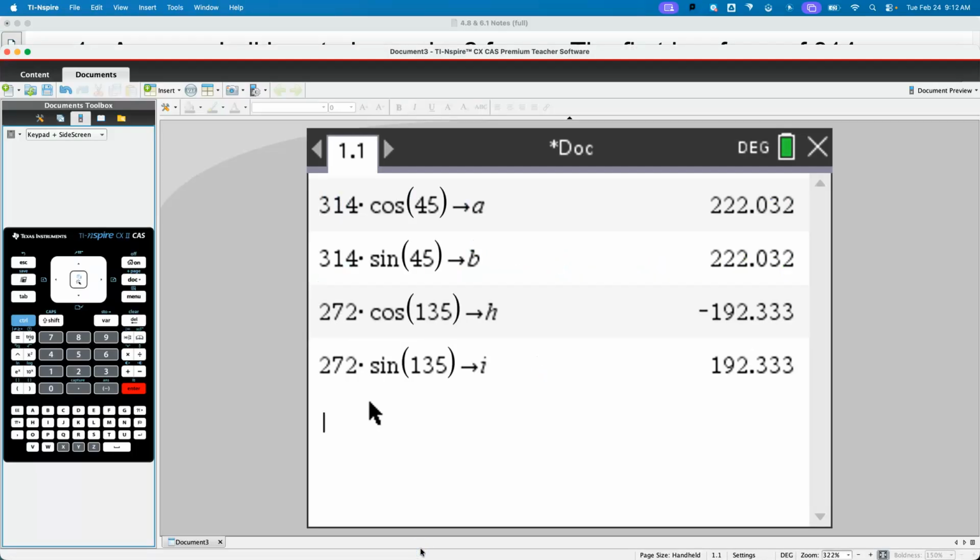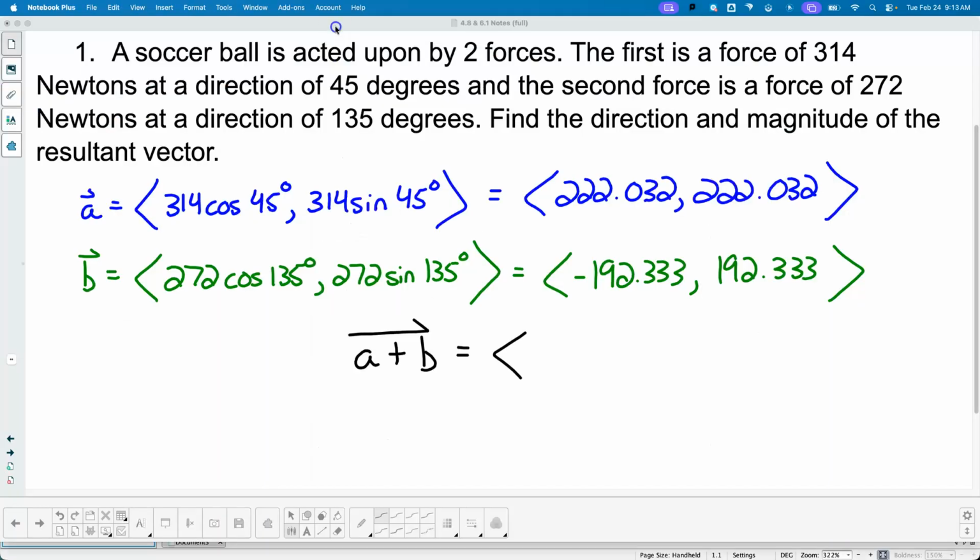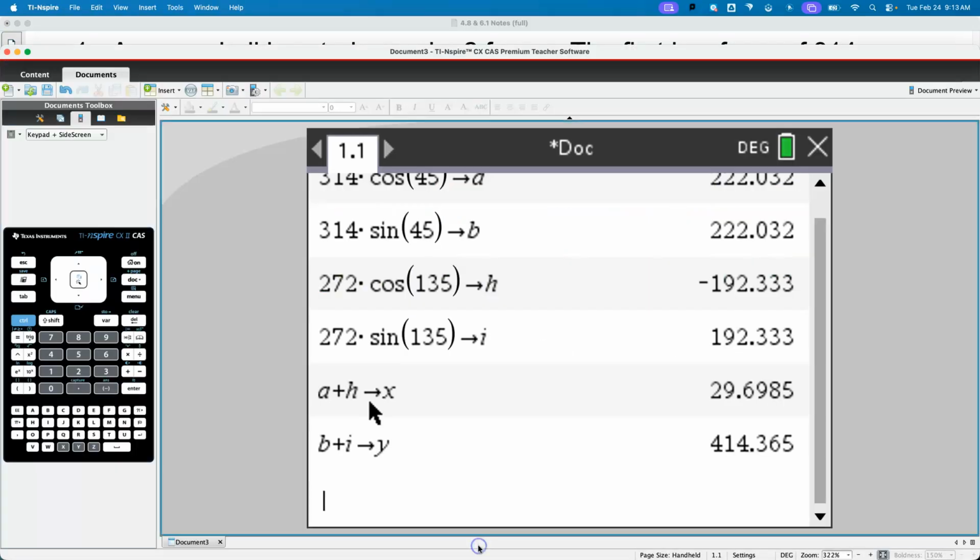On the calculator, I went A and H. I'm going to store that as my X. I went B and I. I'm going to store that as my Y. 296.985 and 414.365.